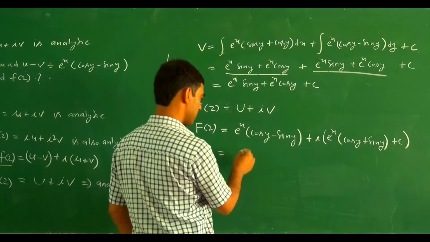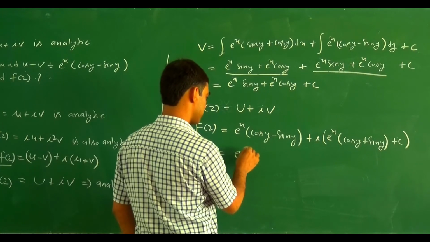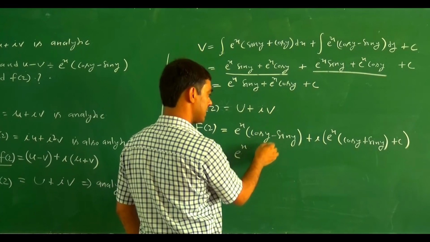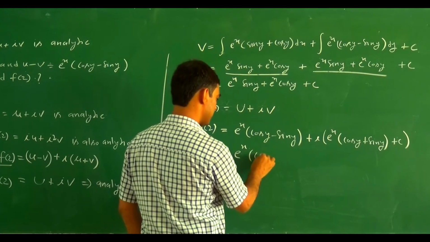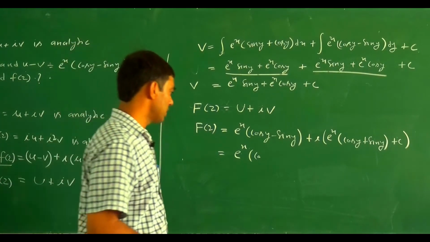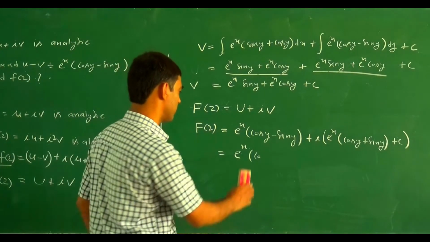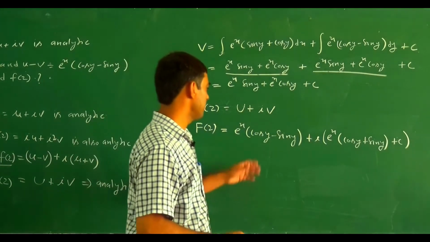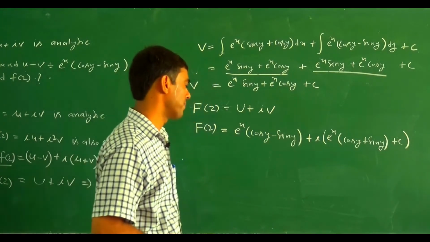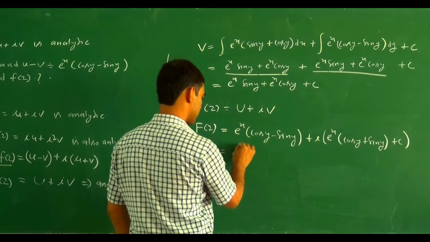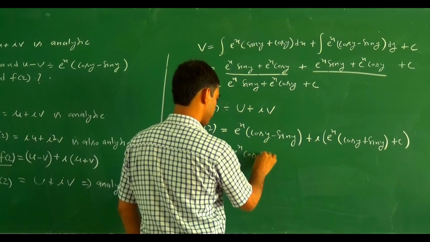This becomes e^x cos y, and this can be written as cos y, and this becomes what? If we simplify this one, write the real part here and the imaginary part here.